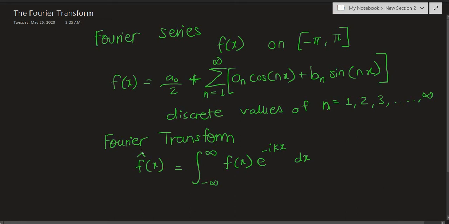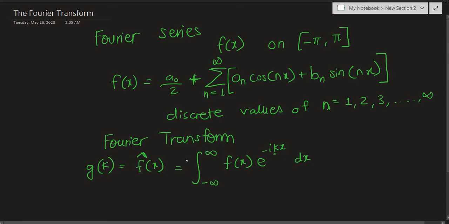So notice that there's this hat to indicate the Fourier transform, just like we had the fancy L for the Laplace transform. And this Fourier transform, since we initially started with a function of x, we'll end up with a function of k. So it will be a different function and it will be a function of k. So let's call that g of k.